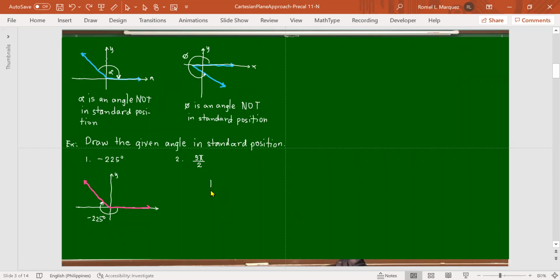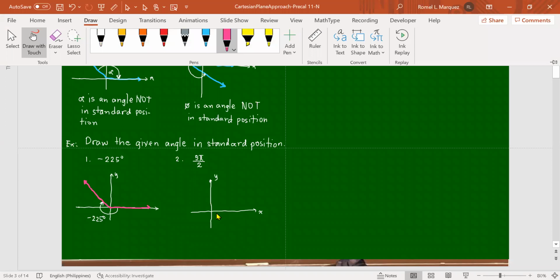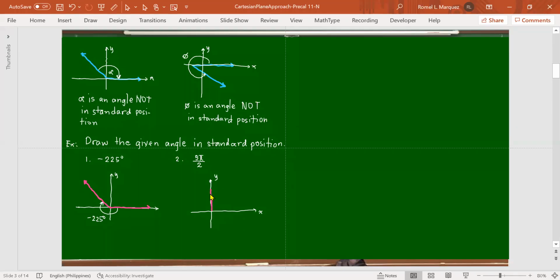So this is X, this is Y. So 90, I think it will fall here, no? Is that right? And the initial side is here.